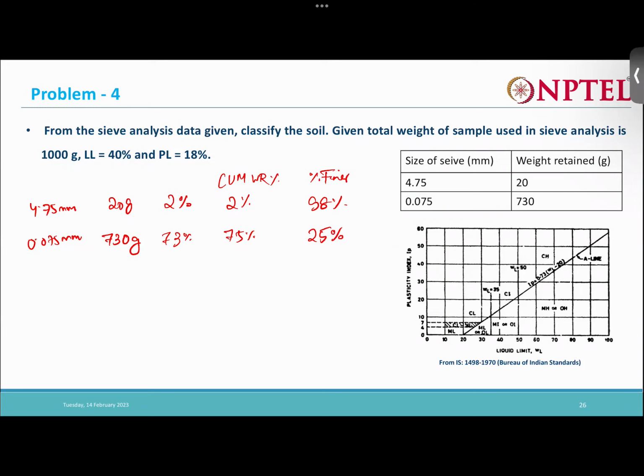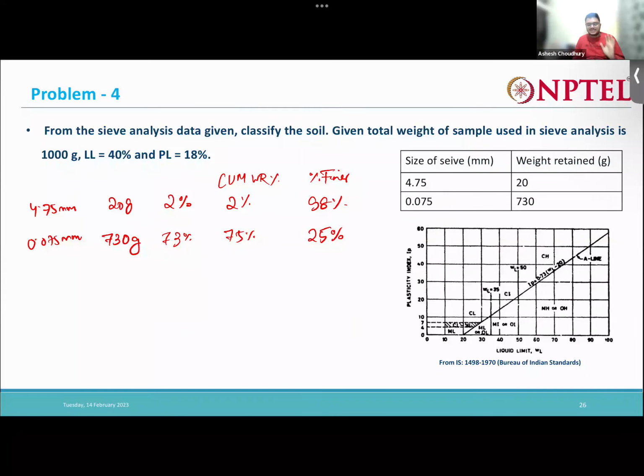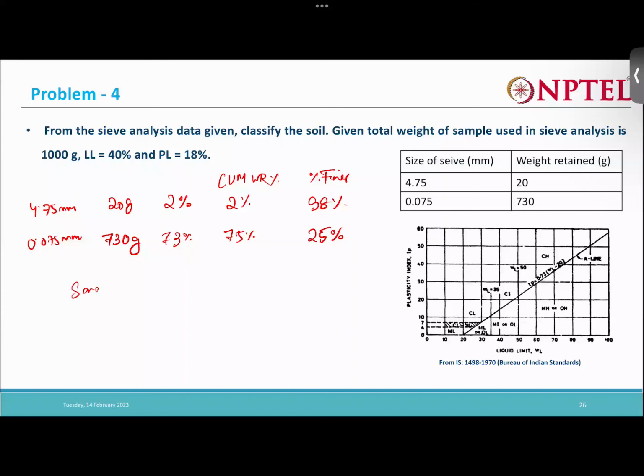Now, by looking at this data, what is our soil? What should be the prefix of the soil? First tell me if it is sand or fine, sand or clay or silt. Is it coarse or fine soil?